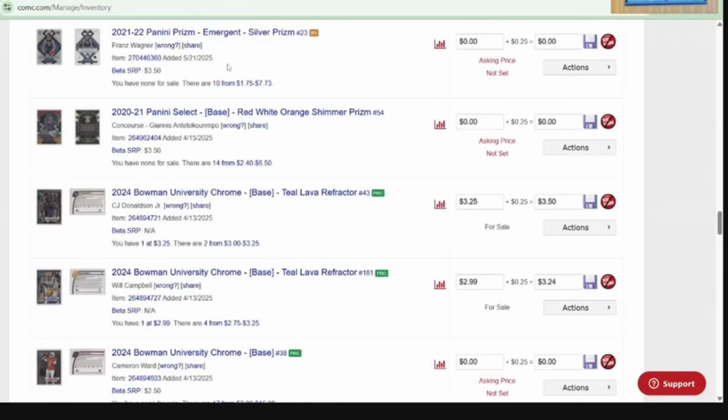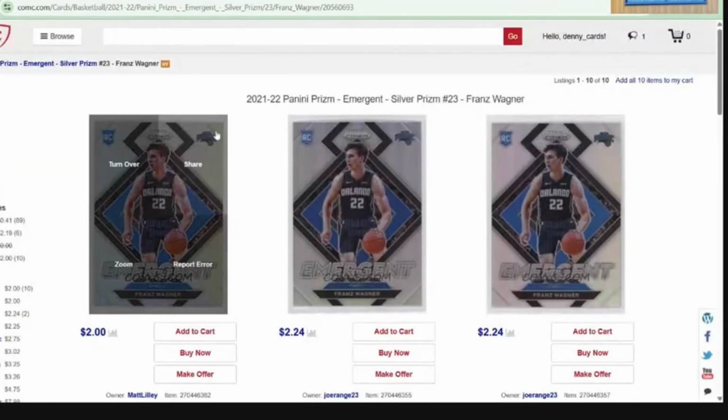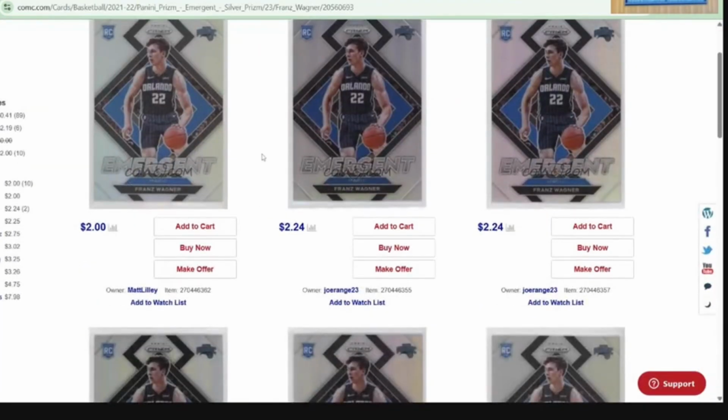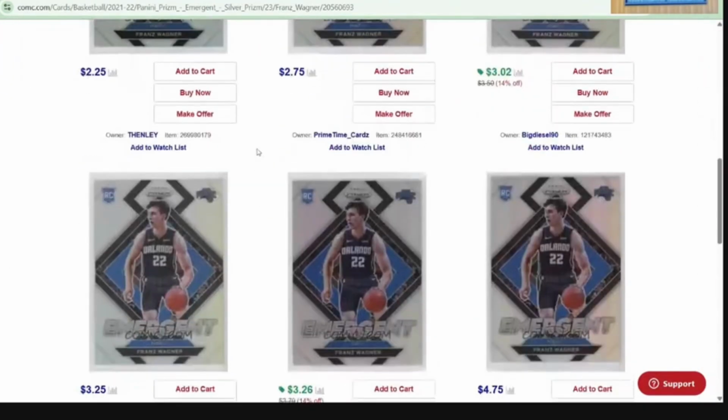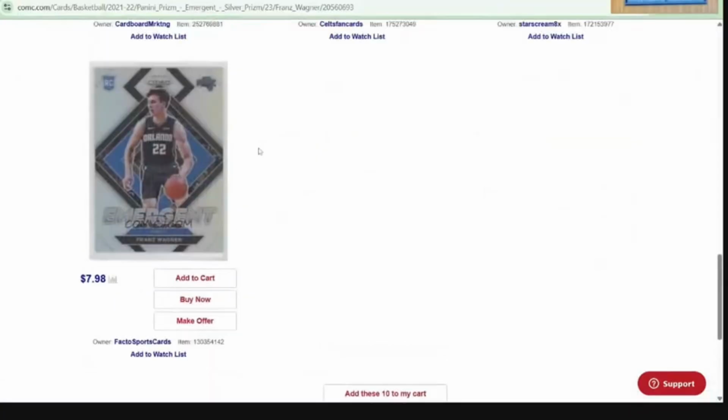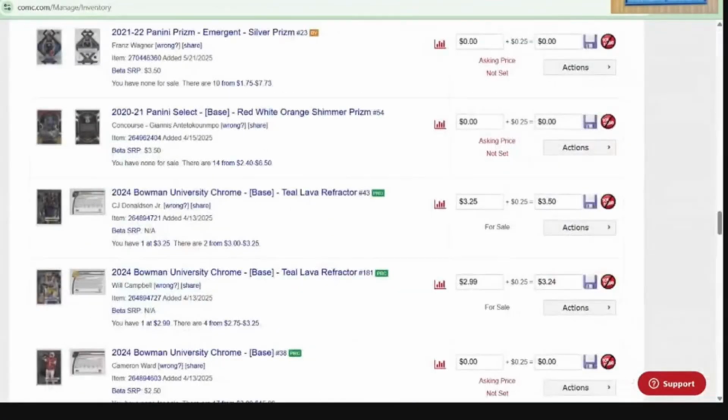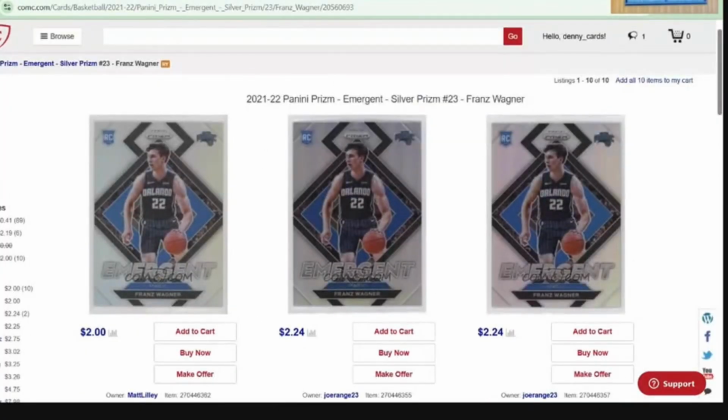We have here a 2021-22 Panini Prism Emergent Silver Prism of Franz Wagner. We have 10 of them for sale from $2 to $8, basically.